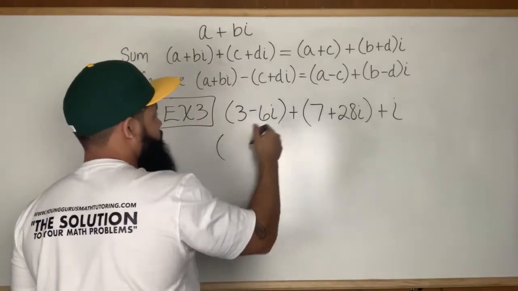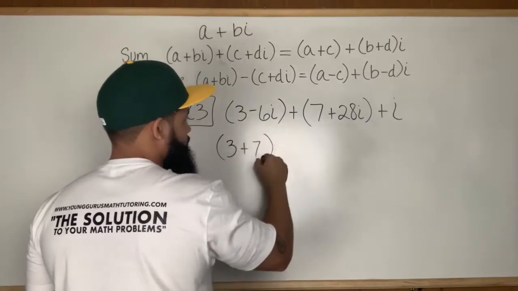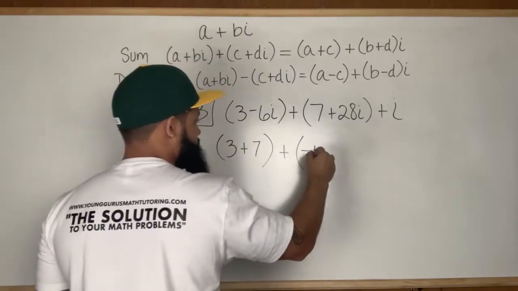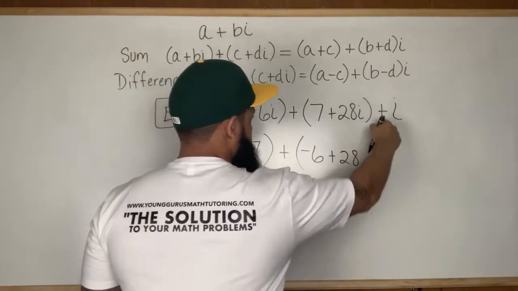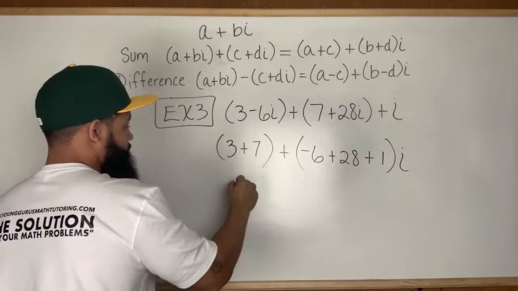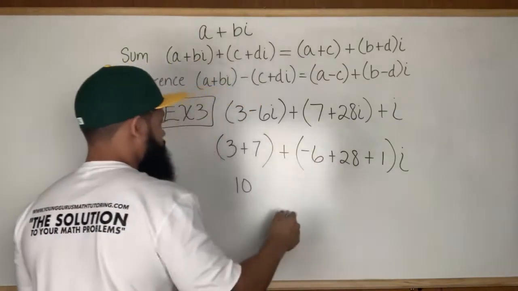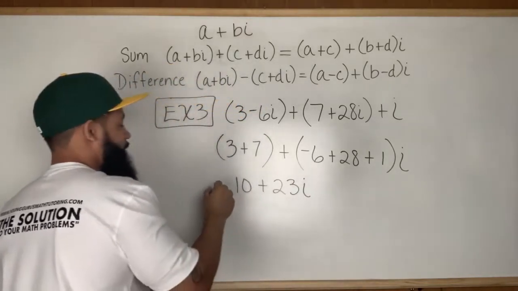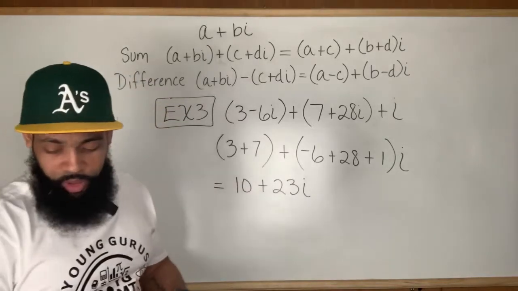So I'm going to take all the real parts, so 3 plus 7, and that's it, plus, let's take the imaginary parts. Now this is negative 6 plus 28 and then plus 1 with an i on the end. So 3 plus 7 is 10, and then negative 6 plus 28 is 22, plus 1 is 23, so plus 23i. All right, so same concept, just different.